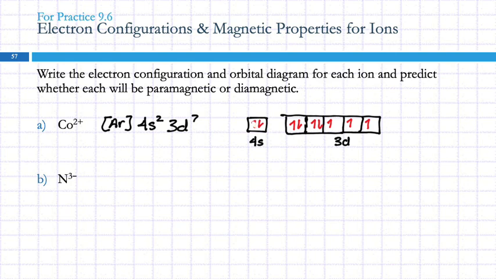So we're going to get rid of those guys right here. So is this ion paramagnetic or diamagnetic? Paramagnetic. The electrons are not all paired up, 2 by 2 by 2? No.